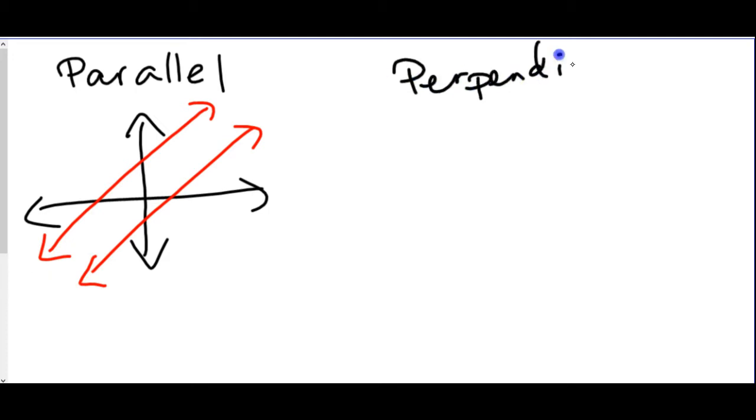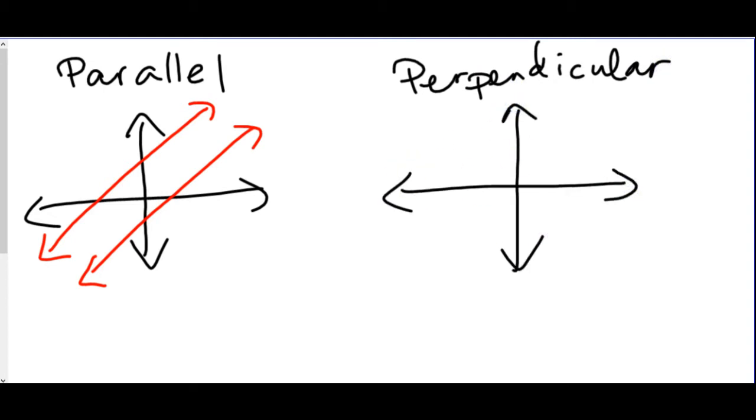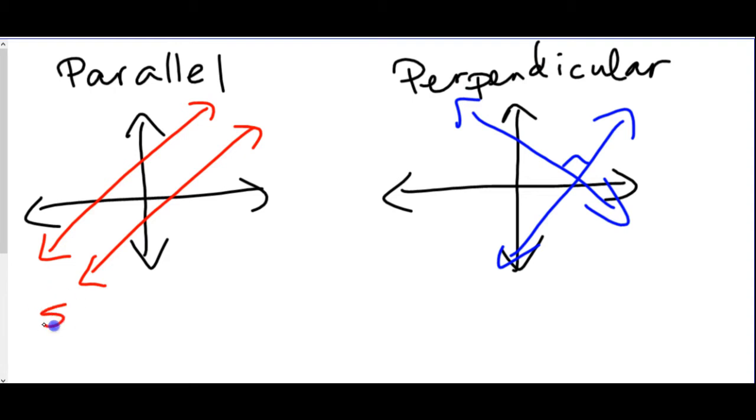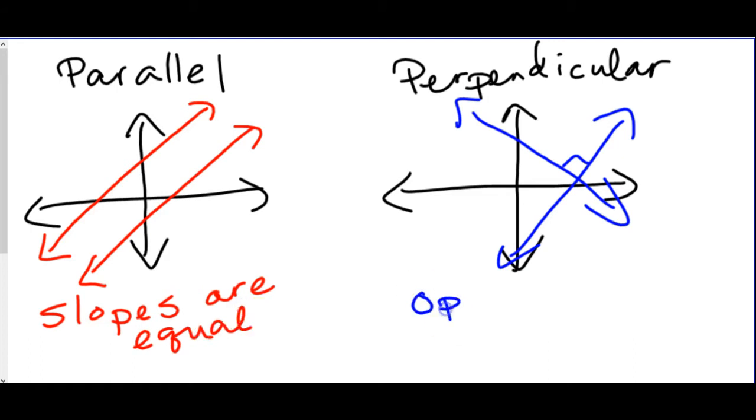Perpendicular lines are lines that cross each other at exactly a 90-degree angle. So they meet at a 90-degree angle. And their slopes have special properties. The slopes of parallel lines are equal. The slopes of perpendicular lines are opposite reciprocals.